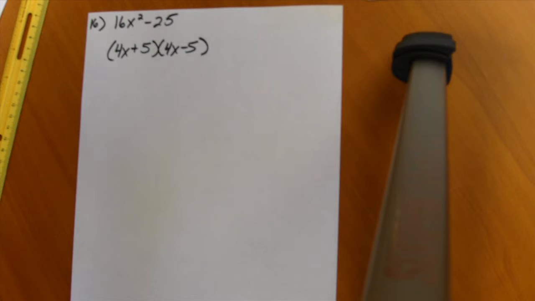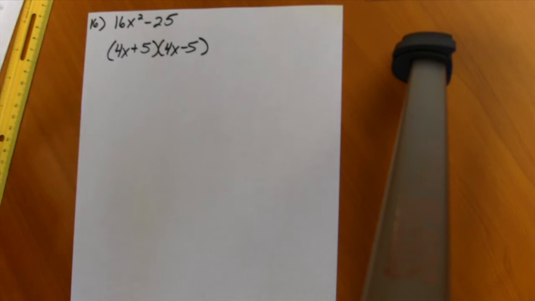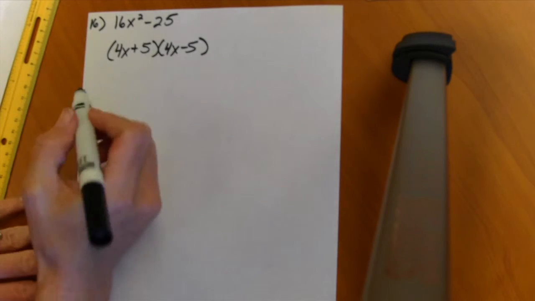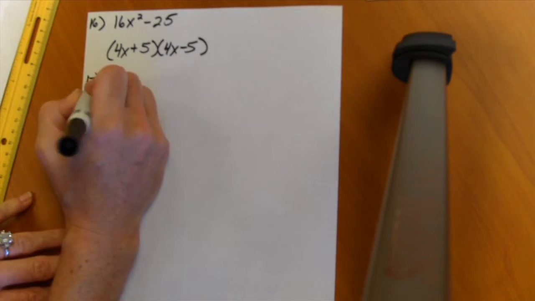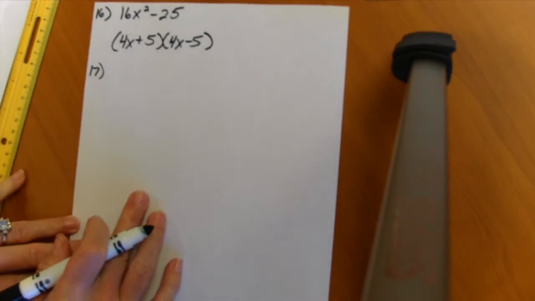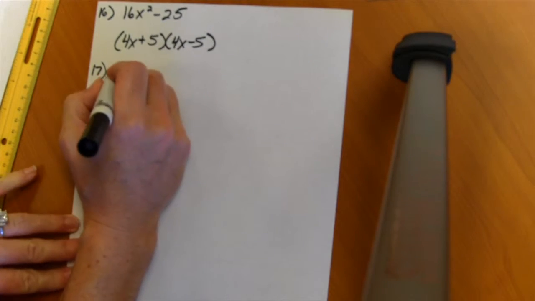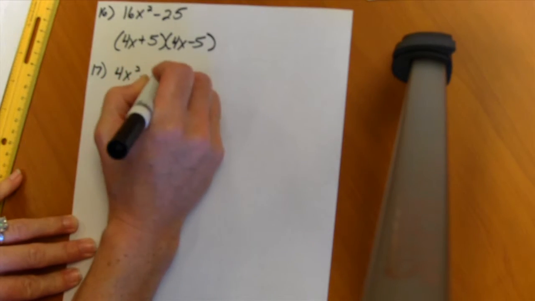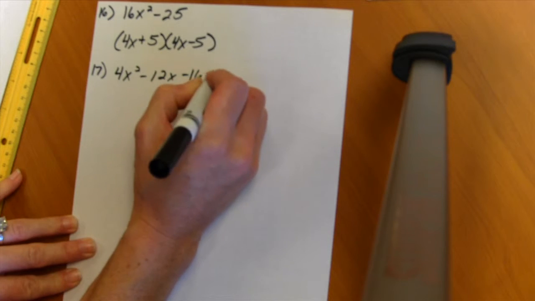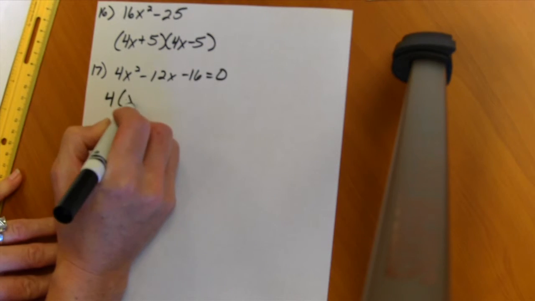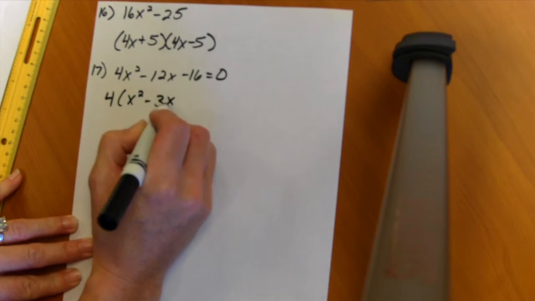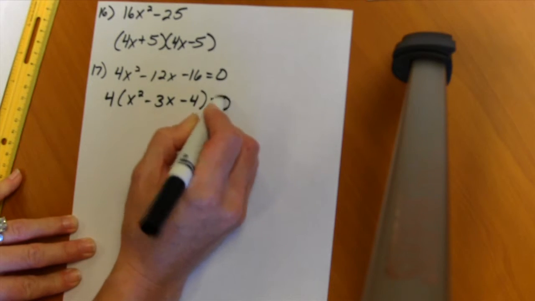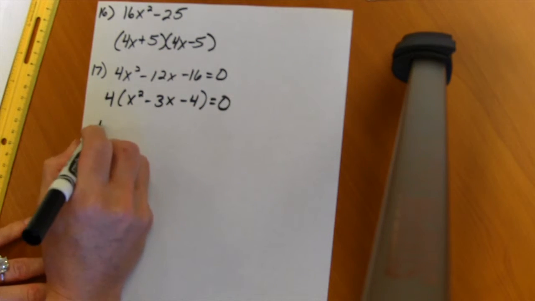17. Solve by factoring. Again, please refer to your half sheet on factoring. Factor the GCF out of 4 first. 4 is just hanging out for a moment.